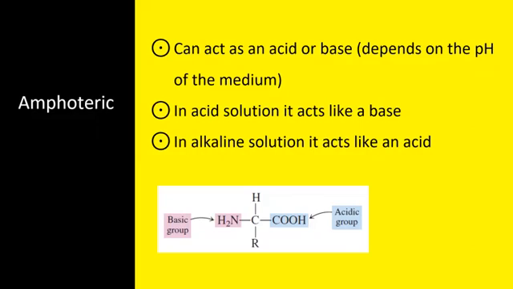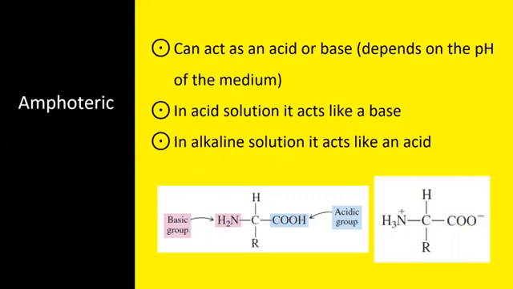Therefore, they produce negatively charged molecules. And our amino groups have the tendency to accept these protons. Therefore, by accepting protons, they produce positively charged molecules. Such a molecule is termed a Zwitter ion.